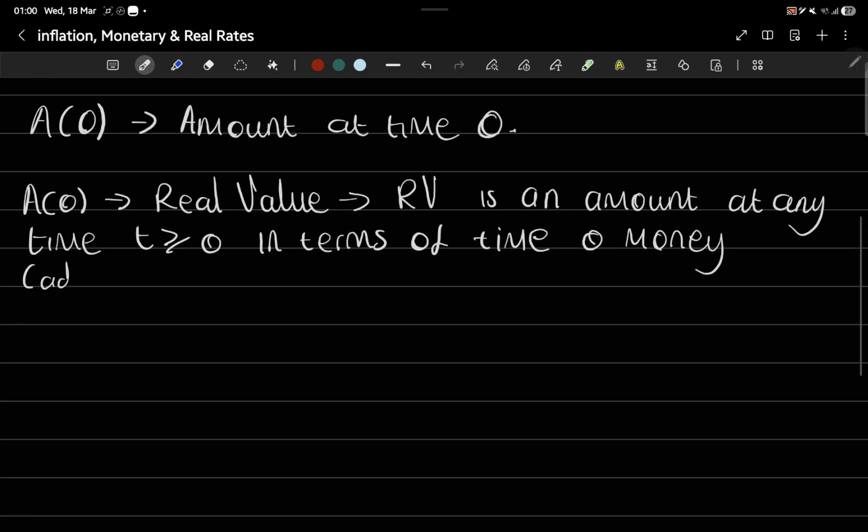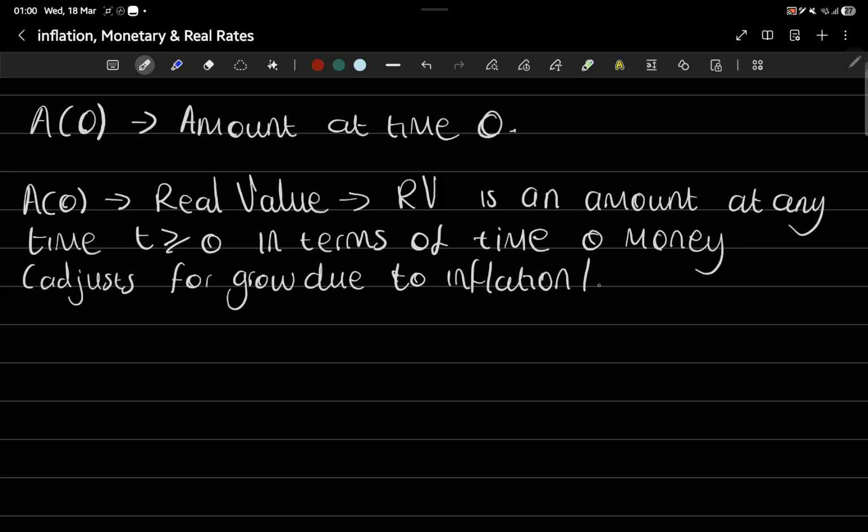So this adjusts for growth due to inflation or loss of purchasing power.